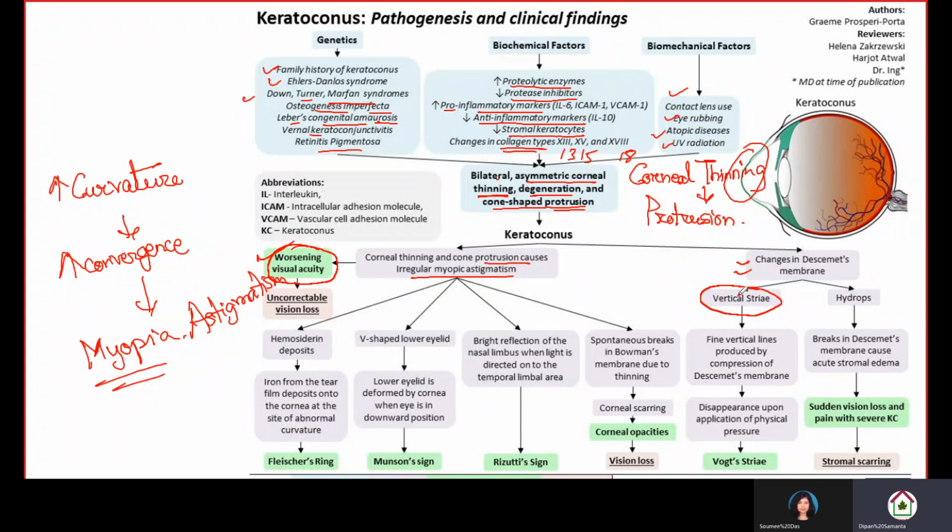Vertical striae means vertical lines, and hydrops.